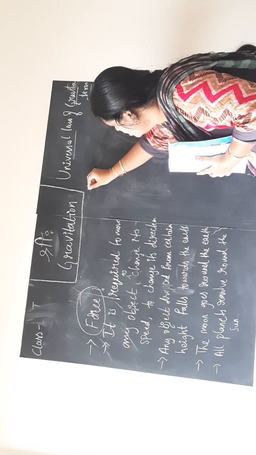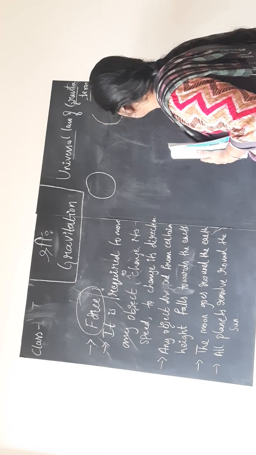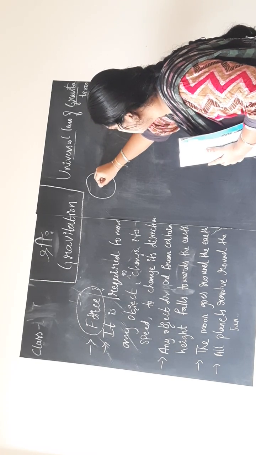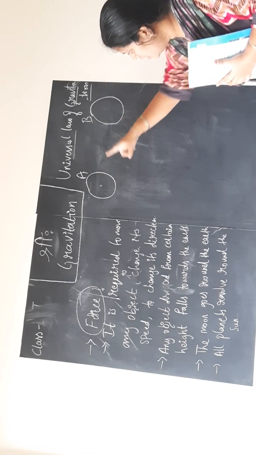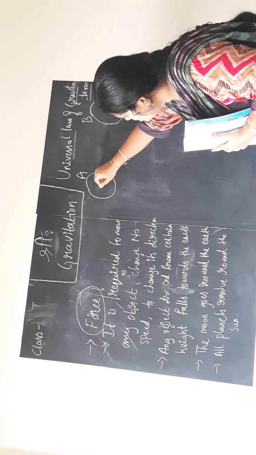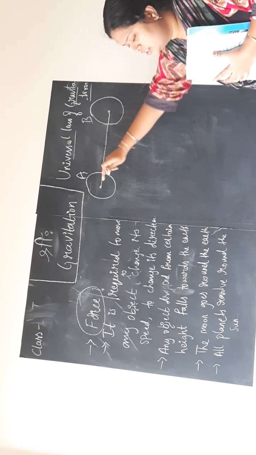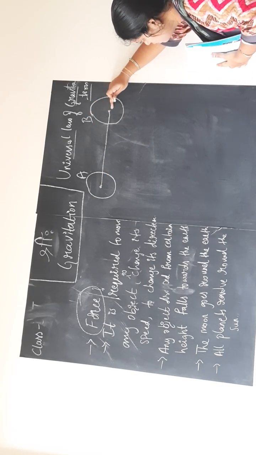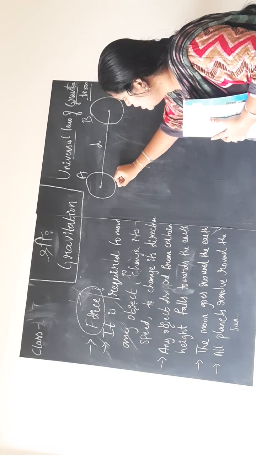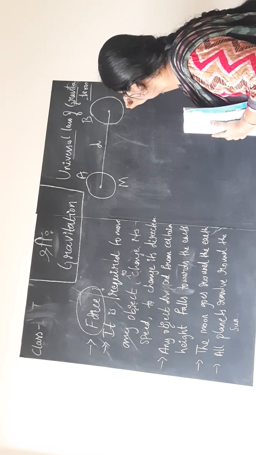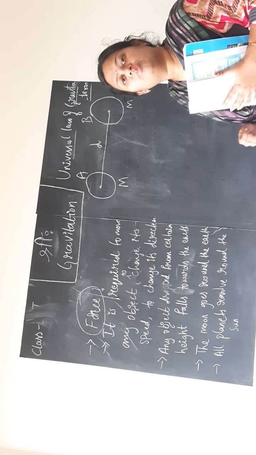Means, children, just now we studied that any objects you consider exert force on each other. So let us consider two such bodies or objects A and B, and the distance between their centers I am measuring. From the center of object A to the center of object B, let us say the distance is d, the mass of the first object is capital M, and the mass of the second object is small letter m.